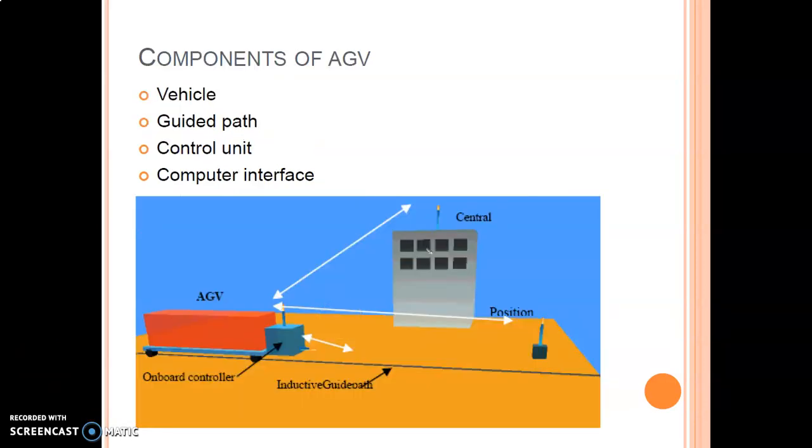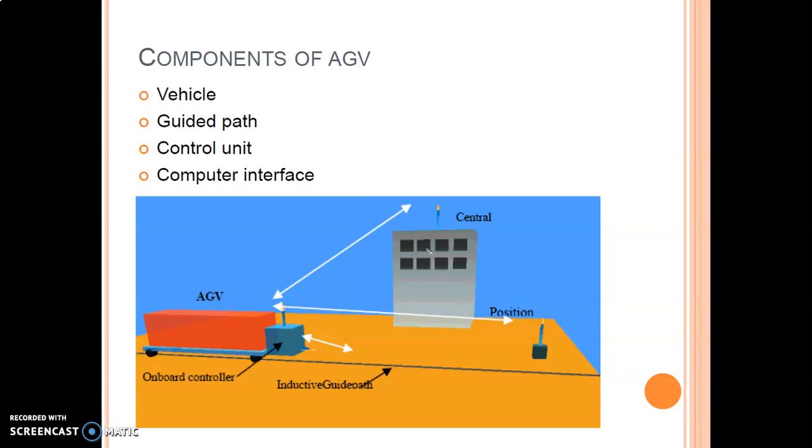You can see here the components of the AGVs: a vehicle, guided path, control unit, and computer interface. Here we have an AGV represented in orange color, and that has an onboard controller. The path is also provided, an inductive guided path in the blue color, with a position and central unit.